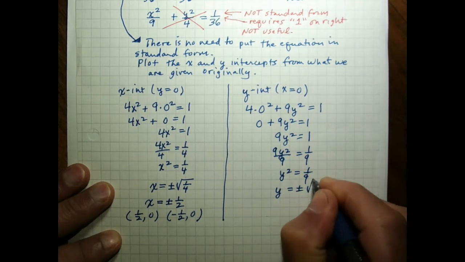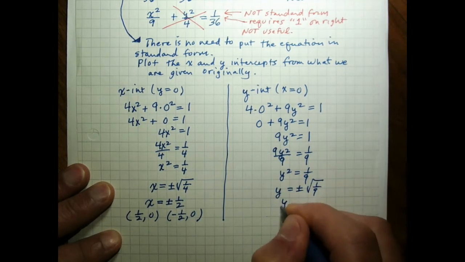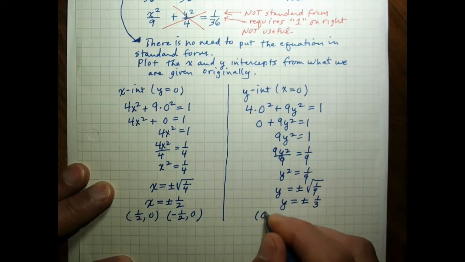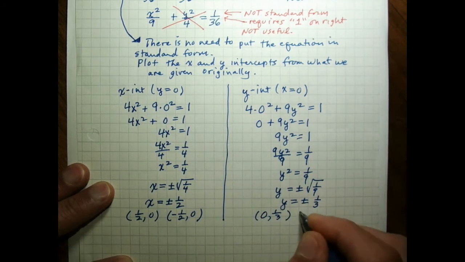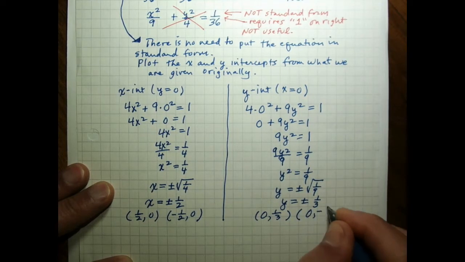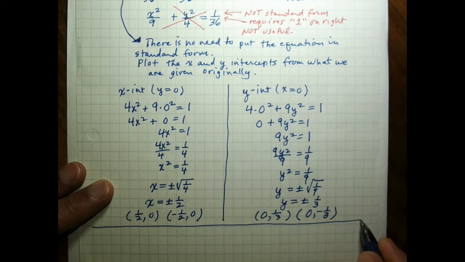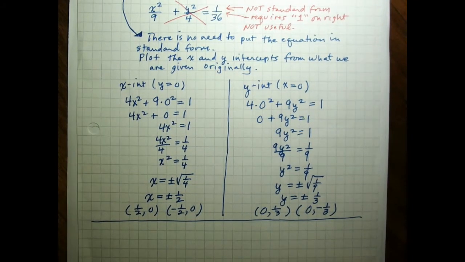Then take square roots, and y is equal to plus or minus 1/3. So (0, 1/3) and (0, negative 1/3) are the y-intercepts for this graph.